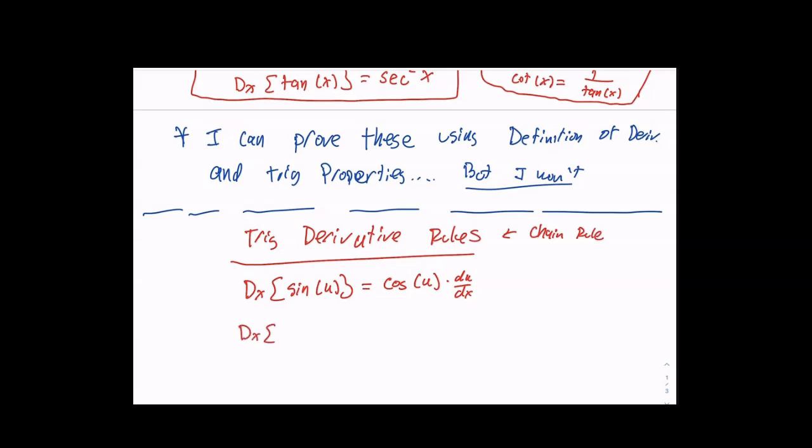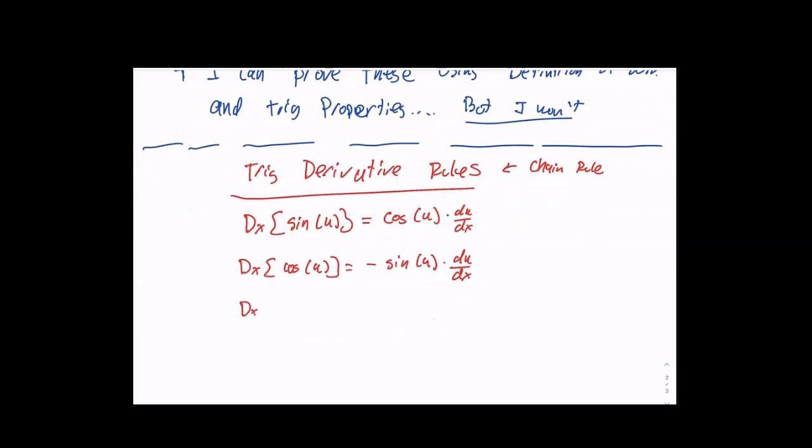The derivative of cosine of u, there's a baby, is equal to negative sine of u times du dx. The derivative of tangent of u is equal to secant squared u times du dx.